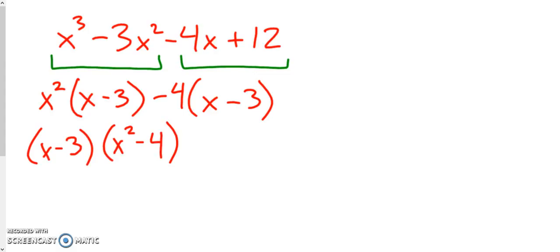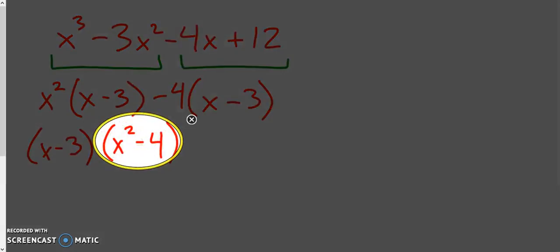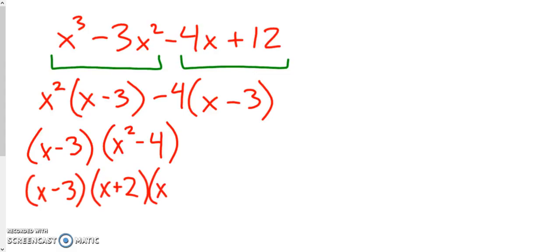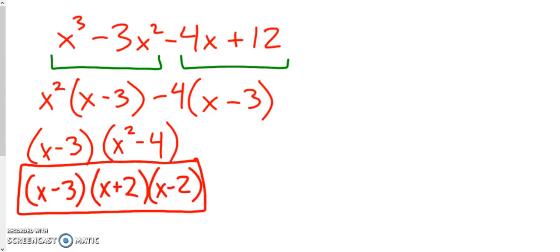And then the only issue to notice here is that this guy is the difference of 2 squares. So you can still factor that. So this would be x minus 3, and then I'd have x plus 2 and x minus 2. Isn't that something?